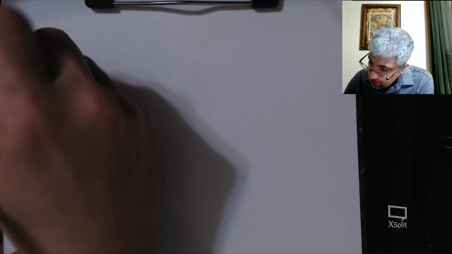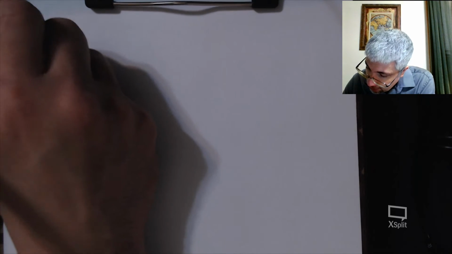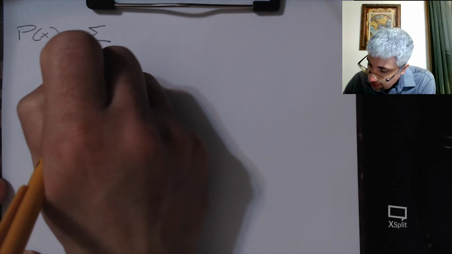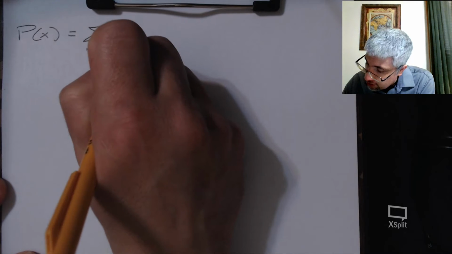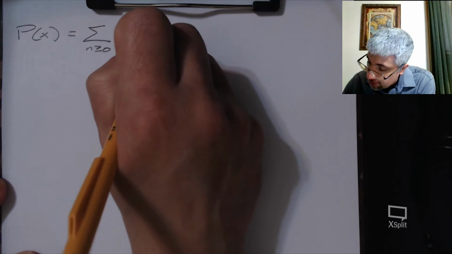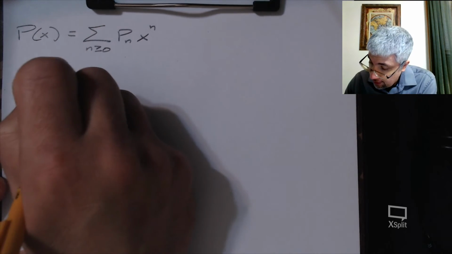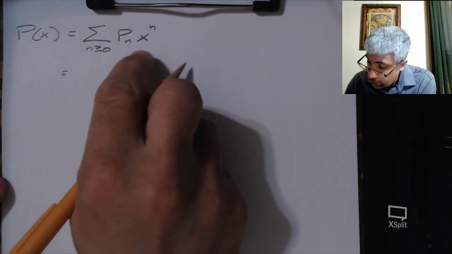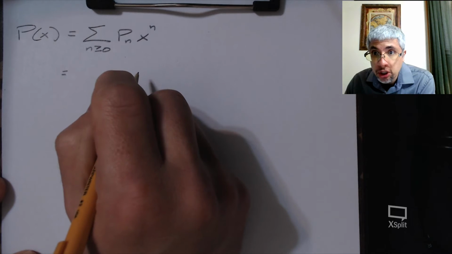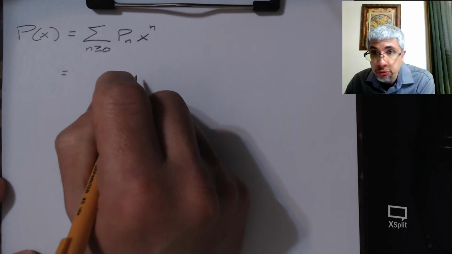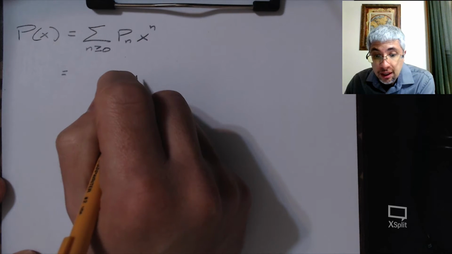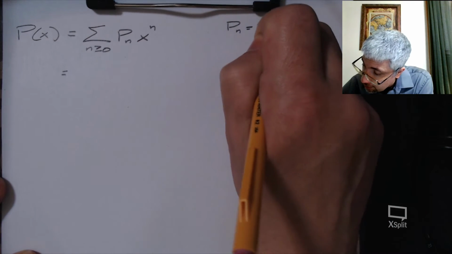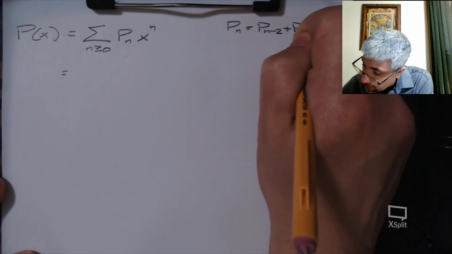So what I'm going to do is I'll let P of x be my generating function, and it's going to be the sum of each of the Pn's times x to the n. And I need to go a little further out before I can use my relation. I'm going to need to go out to term 3, because my relation is that P of n equals P of n minus 2 plus P of n minus 3.